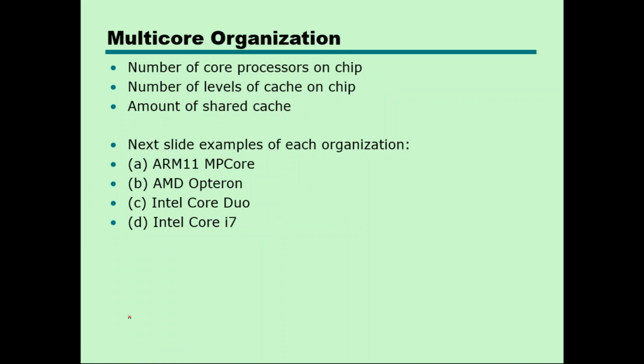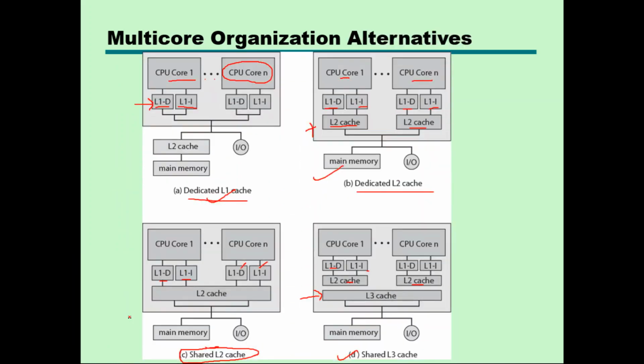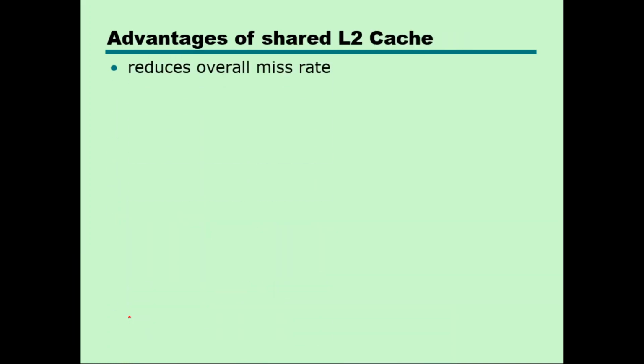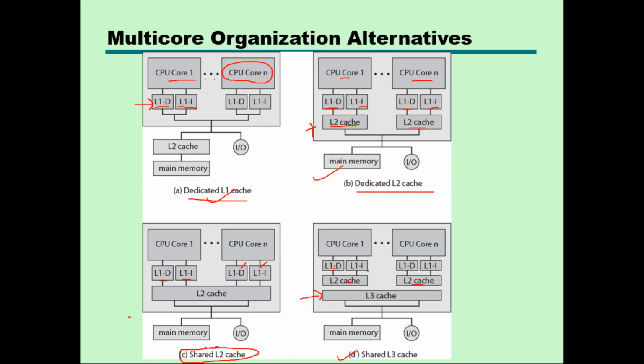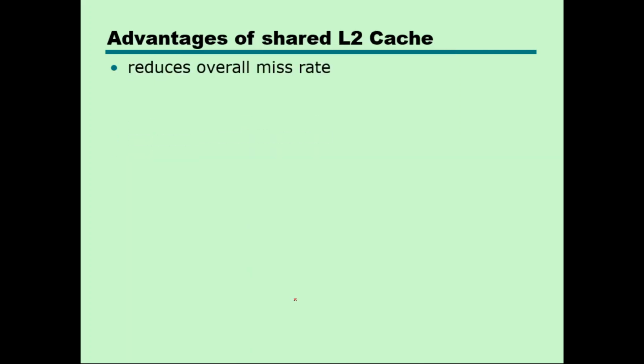These are the different organizations. Actually, out of these four, this one and this one will perform better, because here we have shared L2 cache and here we have shared L3 cache. So this particular organization will perform better. Why is it so? That we will see.